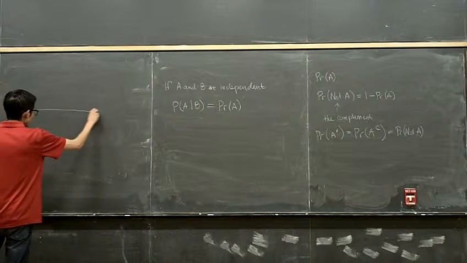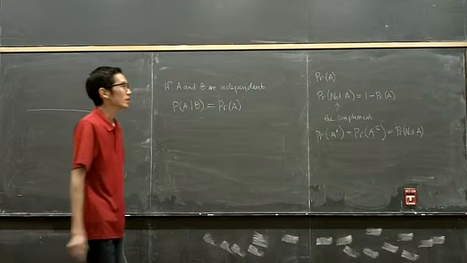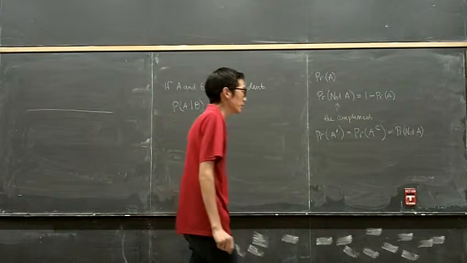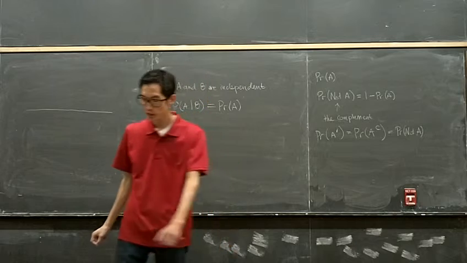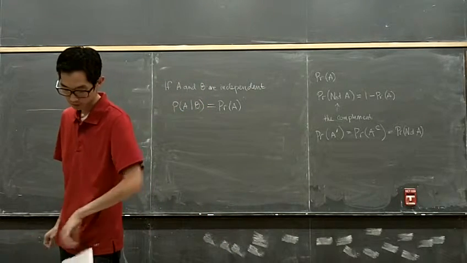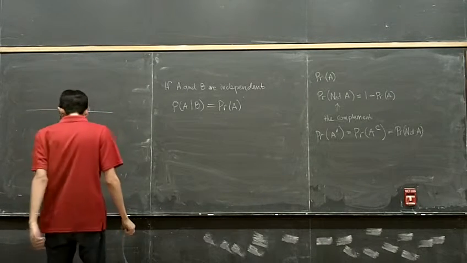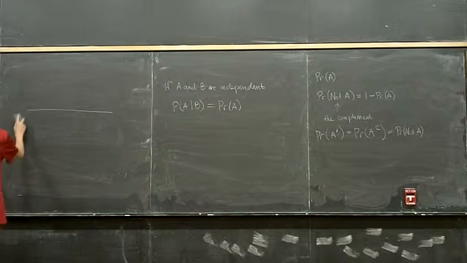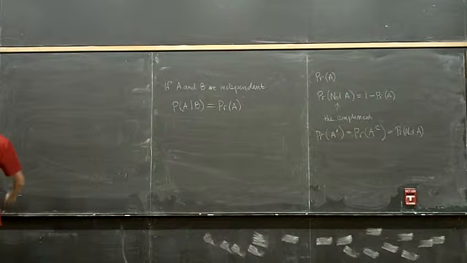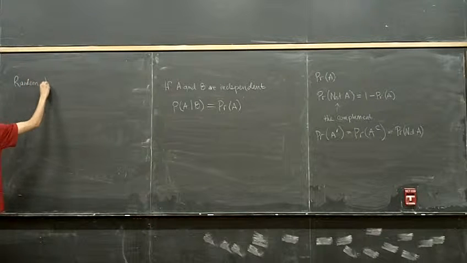There's also a section in the book on density curves. We can deal with something called a random variable. Let's deal with random variables directly.